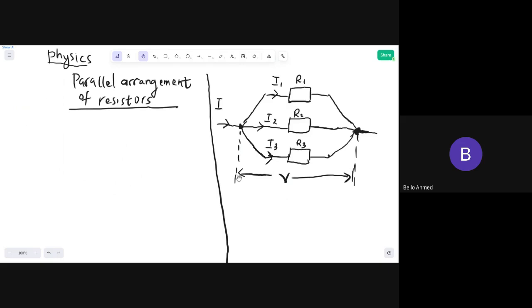Thank you for that. What we are trying to say now is that the potential difference V, which is the total potential difference, is going to be equal to the potential difference across the R1 resistor, and it's also going to be equal to the potential difference V across R2, which is equal to the potential difference V across R3.